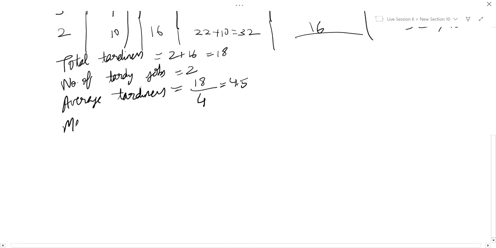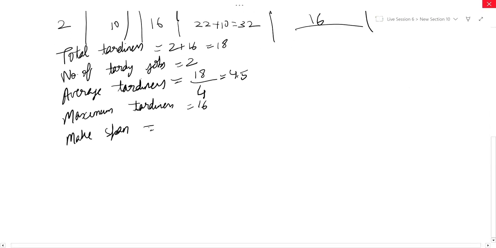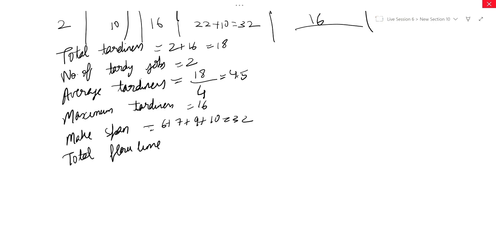Next, maximum tardiness is 16. Make span time, just add up the 6 plus 7 plus 9 plus 10, 32. Total flow time is 6 plus 13 plus 22 plus 32 is equal to 73.